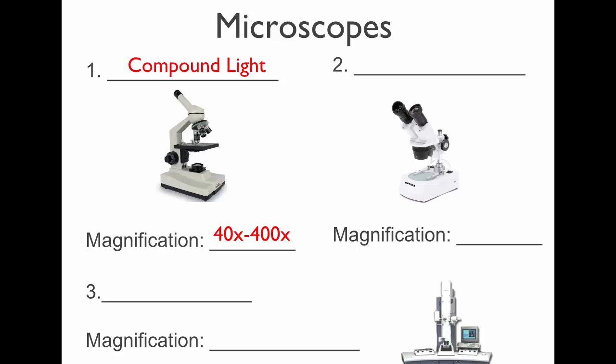Or if we go to high power, it can be 400 times larger. So these numbers, the magnification, tell us how much the microscope is enlarging what we're seeing. There are some other compound microscopes that can go up to like 1,000 or so. They need special lenses and oil, but that's about the limit for a compound microscope, 1,000 times.